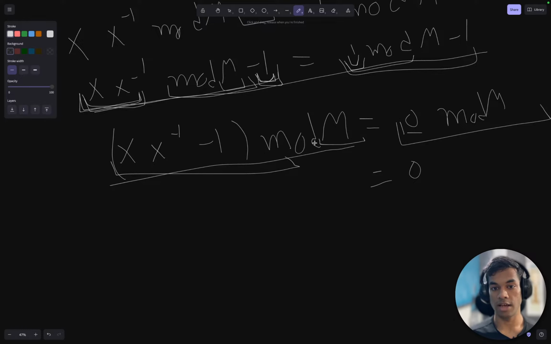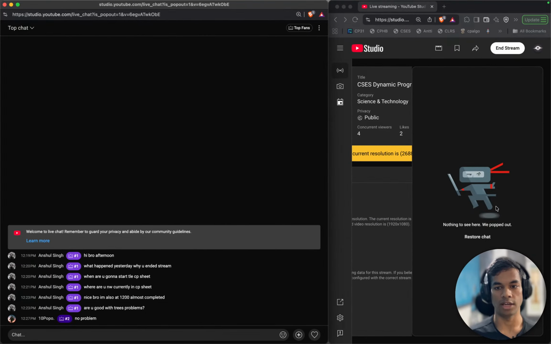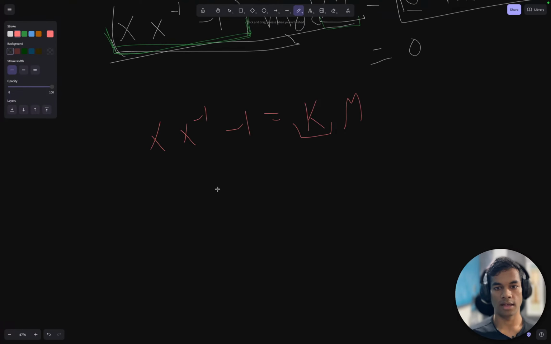So this whole thing, x into x inverse minus 1, must be divisible by m completely. And if that is so, we can also say x into x inverse minus 1 equals k times m, where k is some positive integer. That makes sense. And after that we can solve for x inverse.